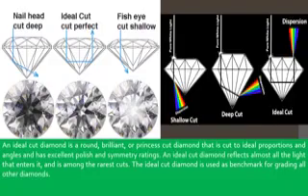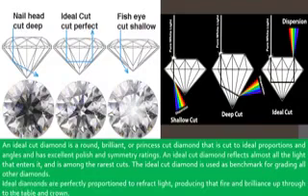Shallow cut disperses light at the bottom. Deep cut disperses light sideways. Ideal cut diamonds are perfectly proportioned to refract light, reflecting the fire and brilliance up through the table and crown.